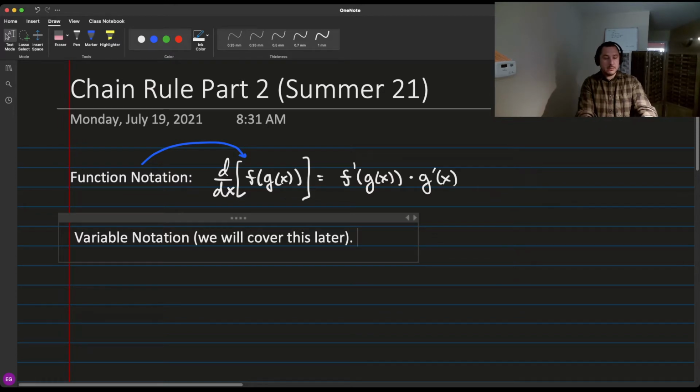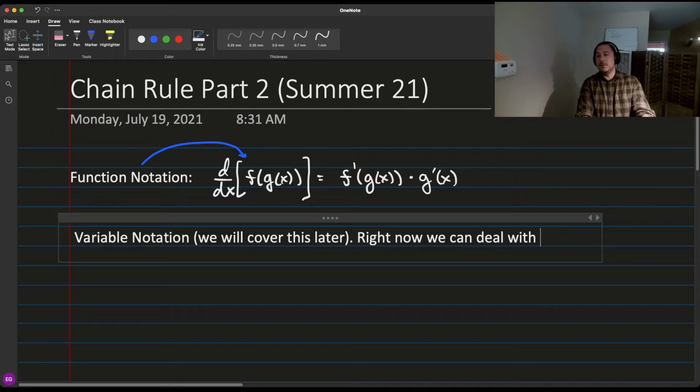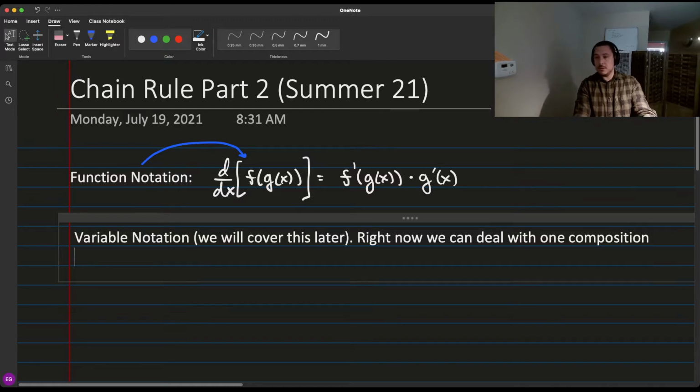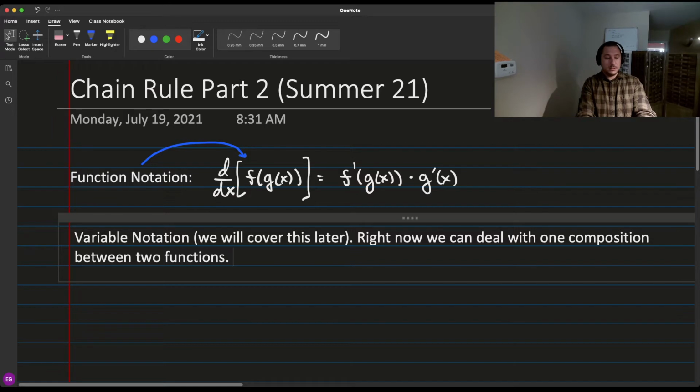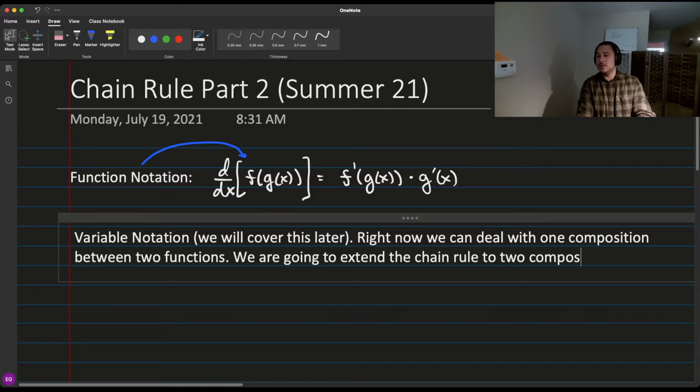Right now, we can deal with one composition between two functions. We are going to extend the chain rule to two compositions between three functions.